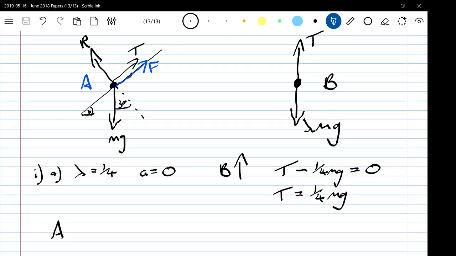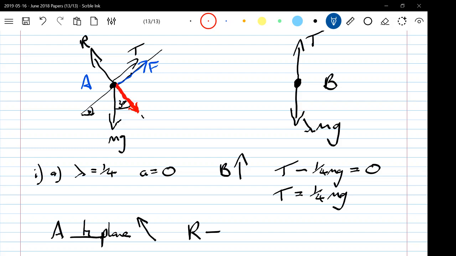Let's start by resolving in the direction where there's not so much going on. So if I resolve perpendicular to the plane, I'm going to take that direction as being positive, but remember there's no acceleration, so I equally could take the other one. Then R minus, what is the component of this force in that direction?